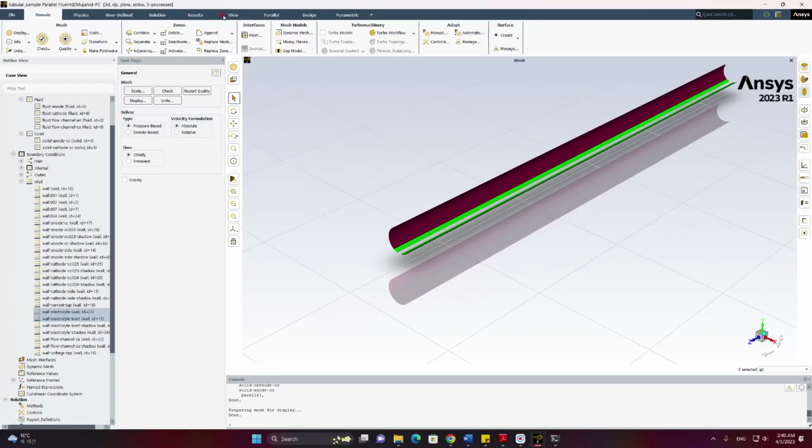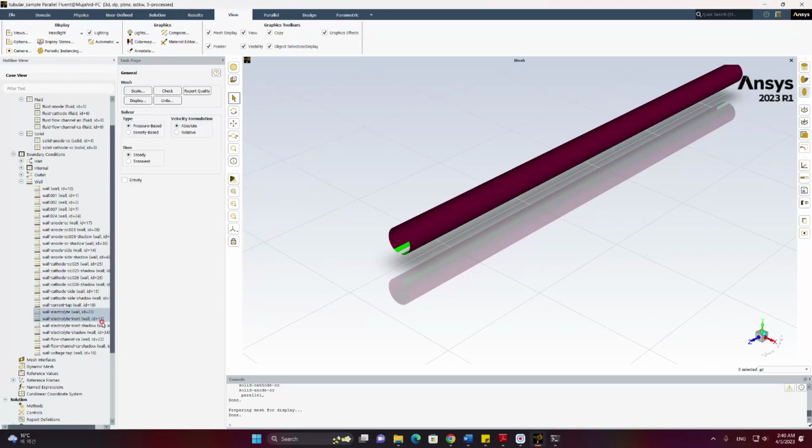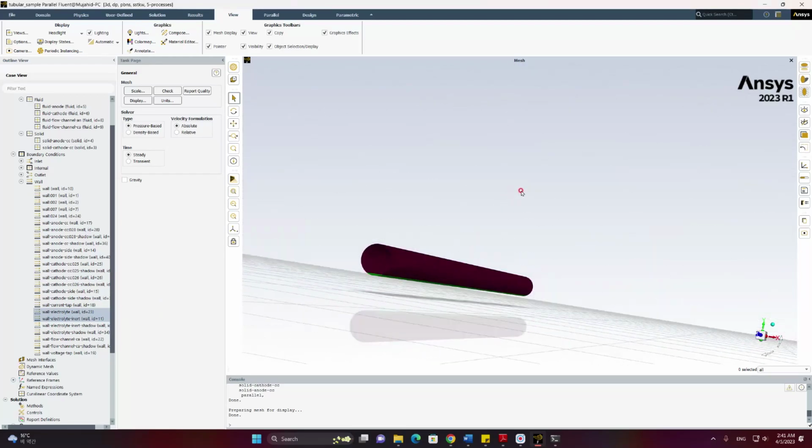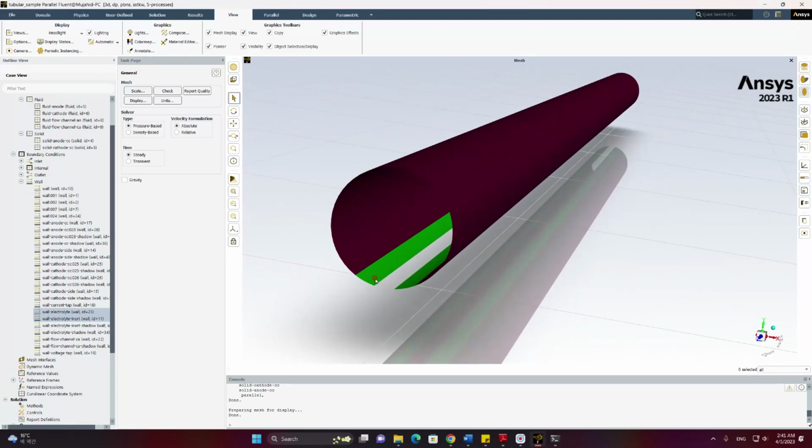So for now we can go to options and apply, and you can see we are showing wall electrolyte and wall electrolyte inert, and this is actually the electrolyte surface, and the inert surface is the region that is not taking part. It's just for support, it's not taking part in the electrochemical reactions. So this is not of our interest, but the wall electrolyte is the part of our interest.